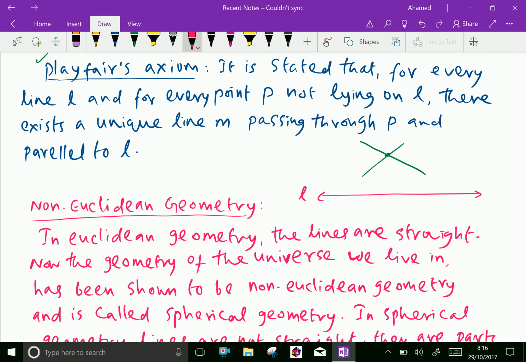There is a unique line which passes through the point P and is parallel to L. Suppose we name it A and B, the line AB. There is only one line through point P which is parallel to L, that is the unique line AB, which is parallel to L.